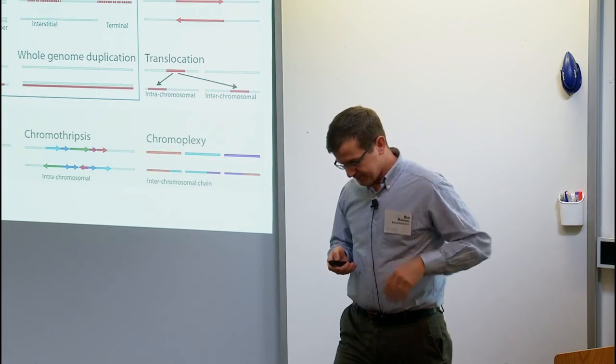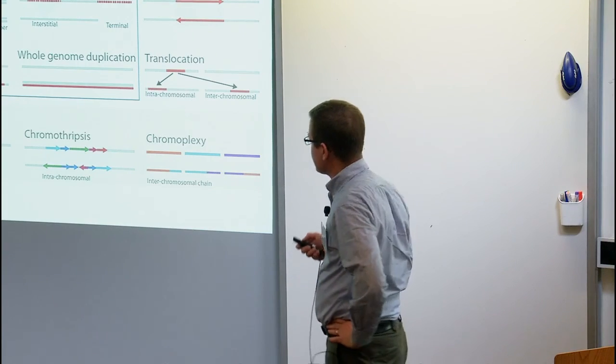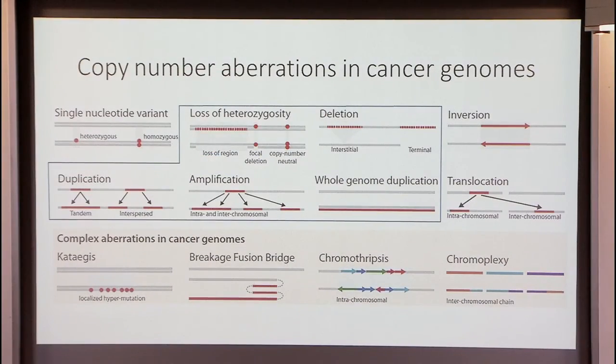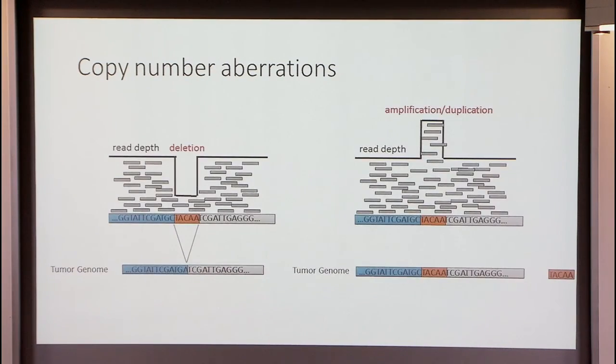Okay, next we wanted to talk a little bit about some of the methods for detecting other types of aberrations that we see, particularly these copy number aberrations. These already came up in the questions. This was already alluded to in the slide earlier: one of the signals for seeing these copy number changes is a change in read depth.